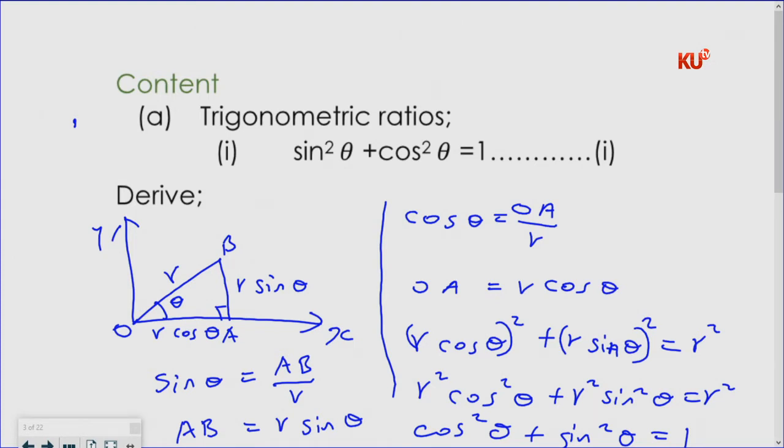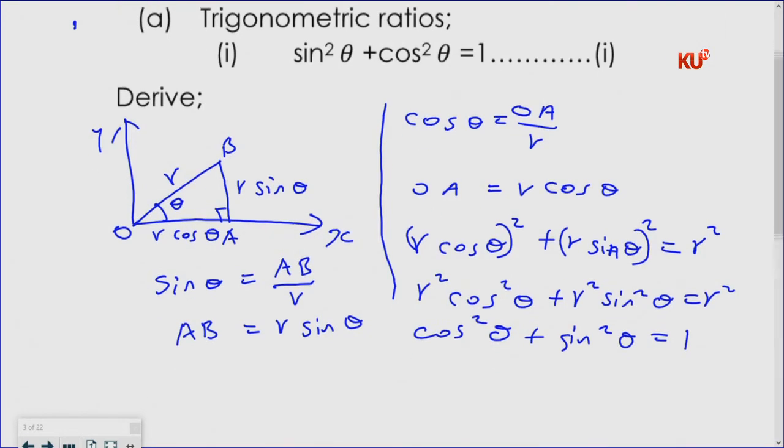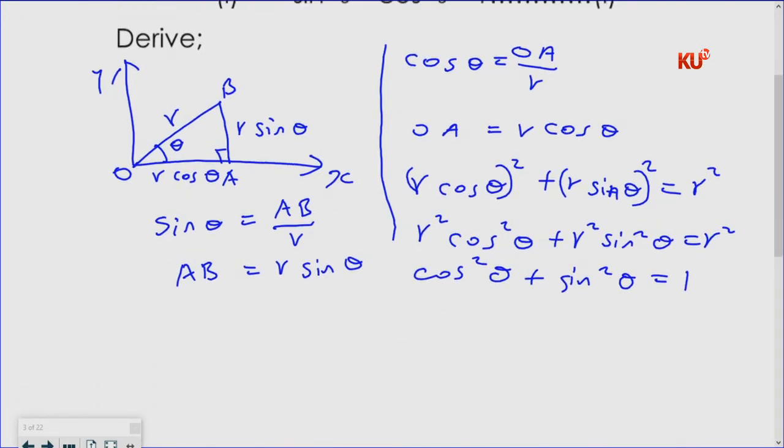Because we have divided each term by R squared. Of course, if I divide here by R squared, this R squared will cancel out. Same to this one, this will cancel out. If I divide R squared by R squared, of course, I'll get 1. So this is our first identity in Form 4 that we shall be looking at.